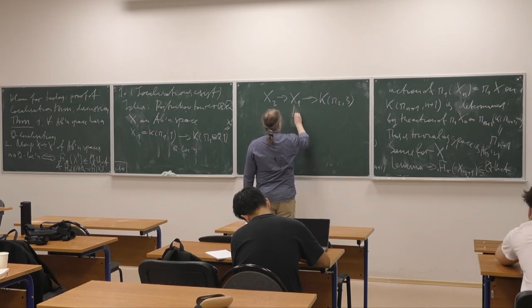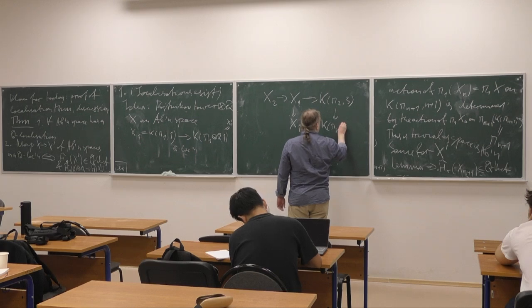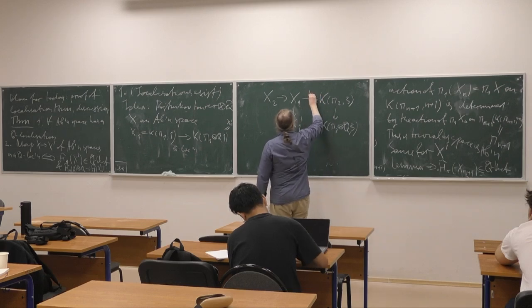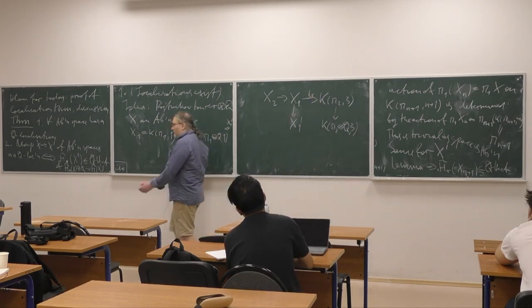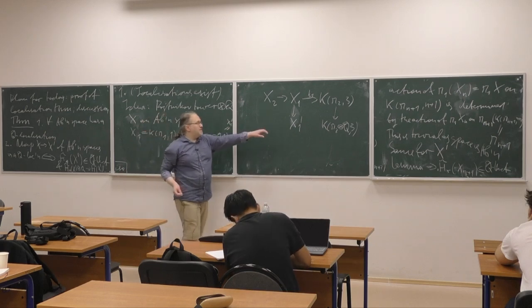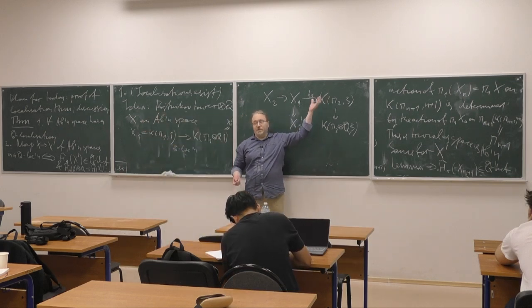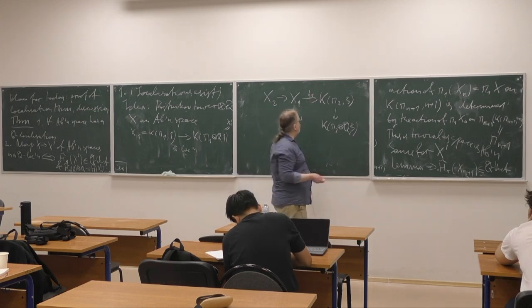Okay, so I have this diagram where K1 is the first k-invariant. What do I do with it?